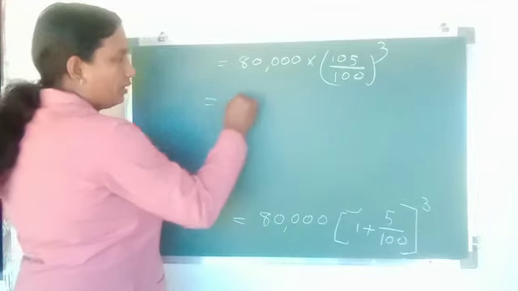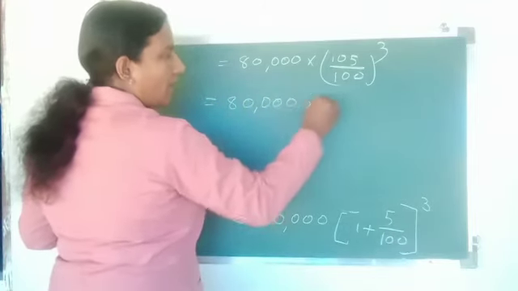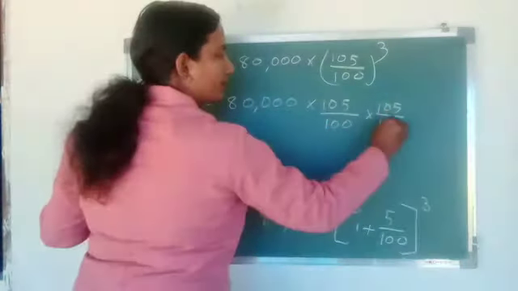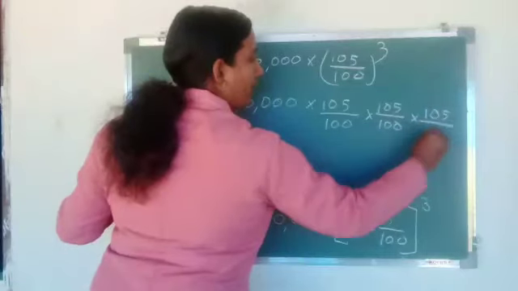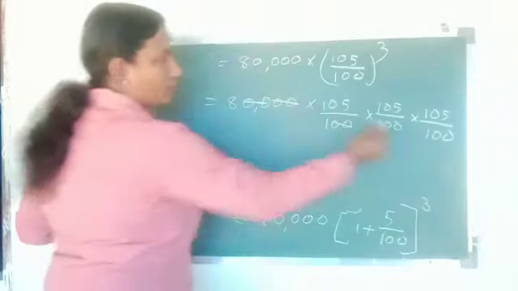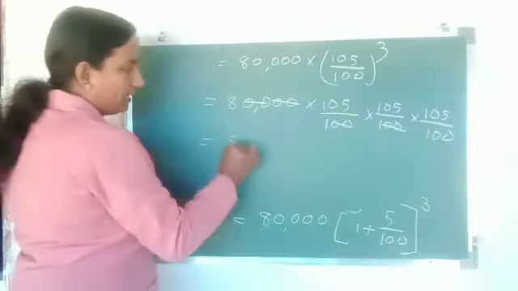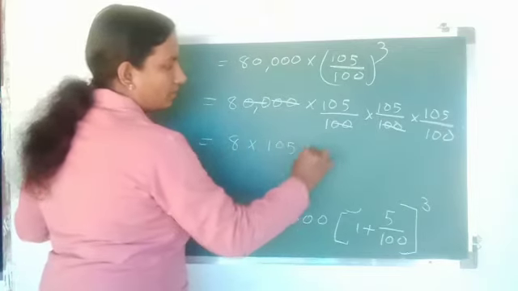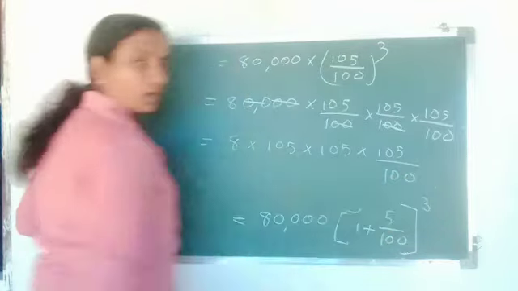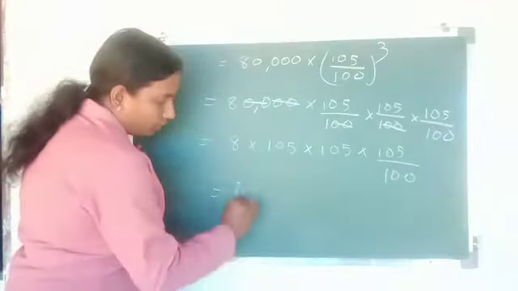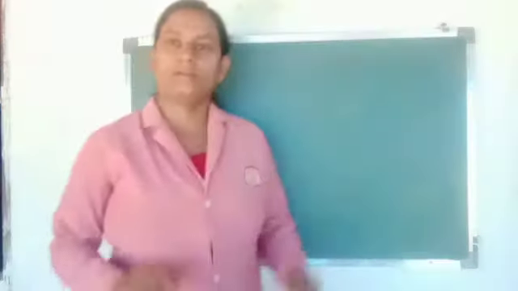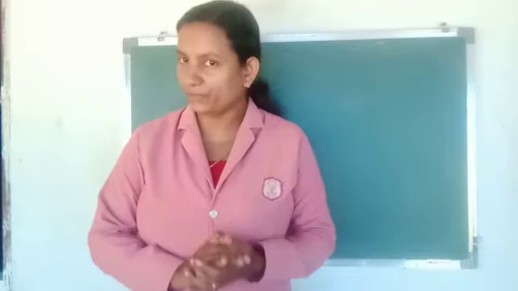So it is equal to 80,000 into 105 by 100 into 105 by 100 into 105 by 100. Then simplify: zeros cancelled, remaining 8 into 105 into 105 into 105 by 100. So that is equal to rupees 92,610.